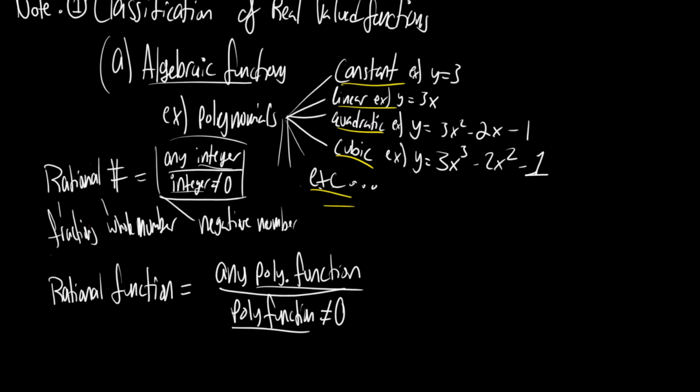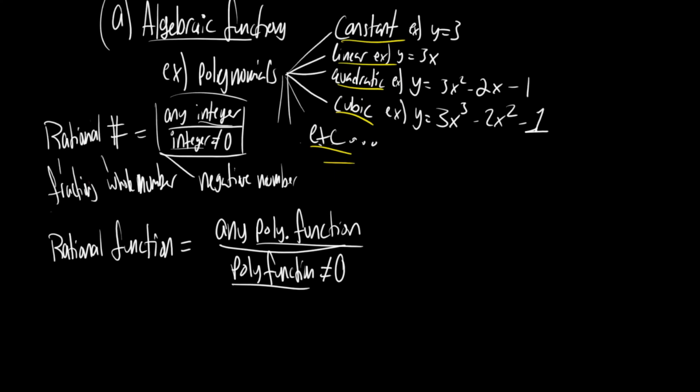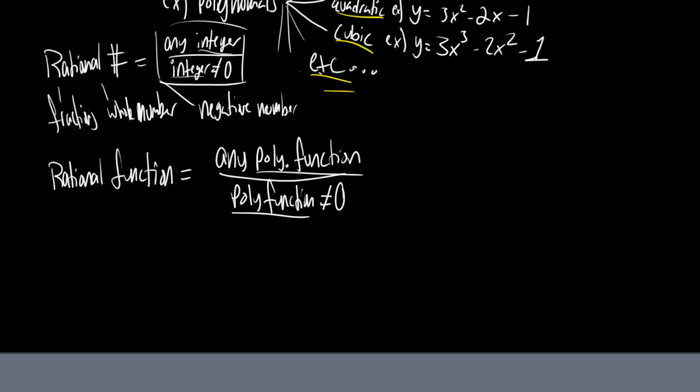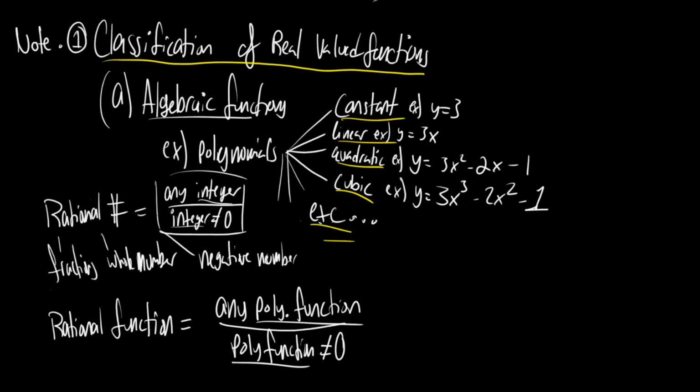I don't know, but these are just polynomial functions. This is a rational function, and that's one thing to look at in the classification of real valued functions. But that was only part A.